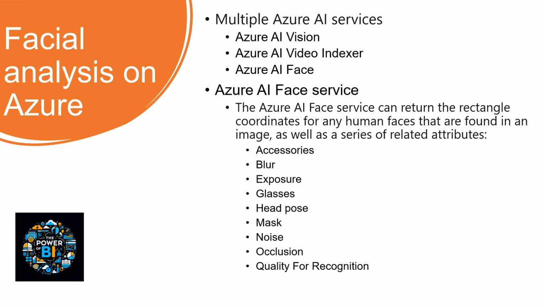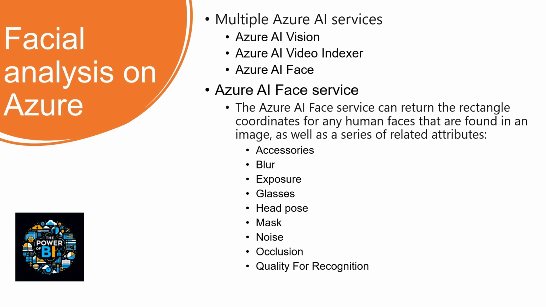Next, we will explore some AI services. Microsoft Azure provides multiple Azure AI services that you can use to detect and analyze faces, which includes AI Vision, which offers face detection and some basic face analysis, such as returning bounding box coordinates as per the previous image that was shown. Also, Azure AI Video Indexer, which you can use to detect and identify faces in video, as well as Azure AI Face, which offers pre-built algorithms that can detect, recognize, and analyze faces.